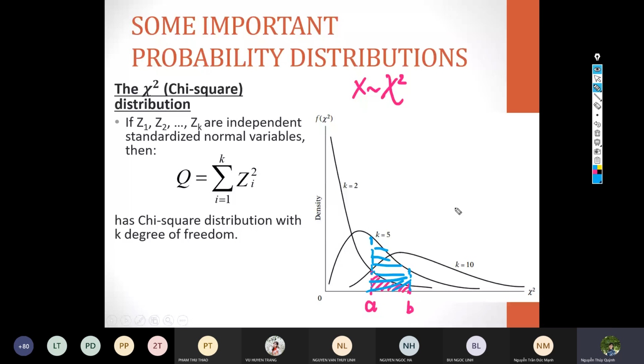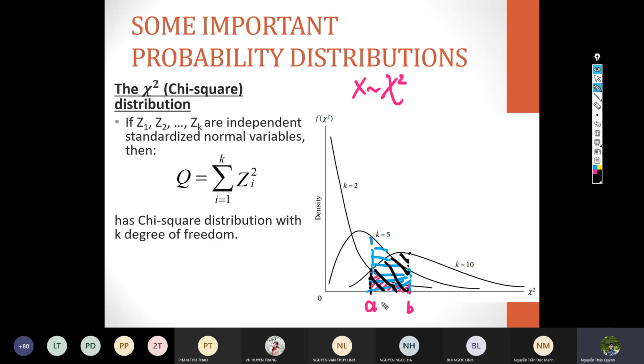And if the distribution that we consider here has the degree of freedom of 10, for example, then this area will be the probability that x has the observed value fall into this range. For different degrees of freedom, the probabilities that our variable has the observed value fall into the range are different.